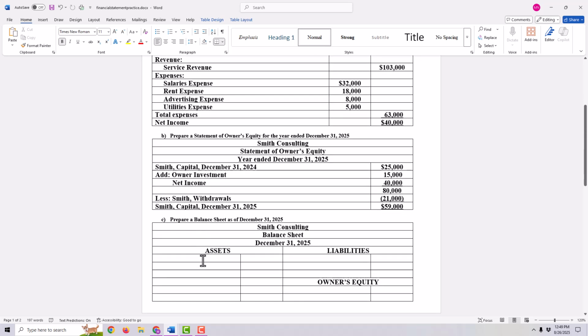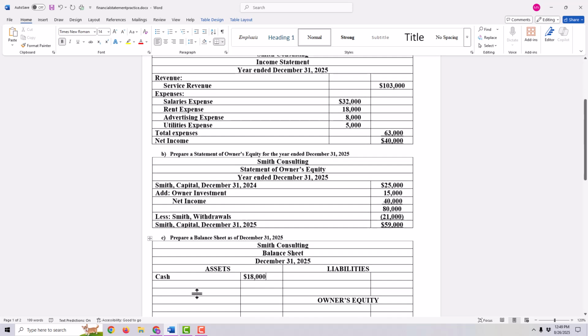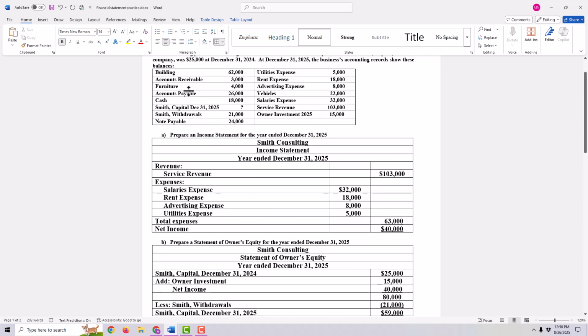So cash is going to go first, and that's 18,000. And then I would put accounts receivable right under that, which was 3,000. And then either furniture or vehicles would probably go next.